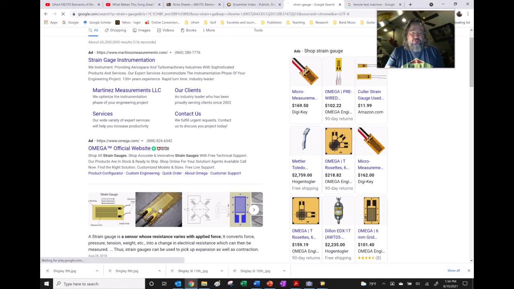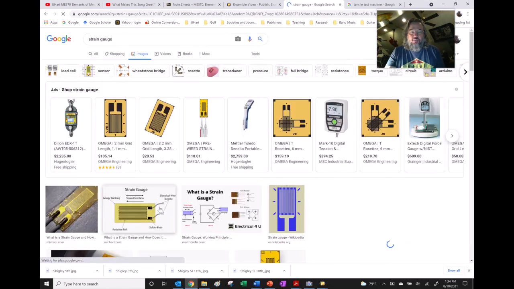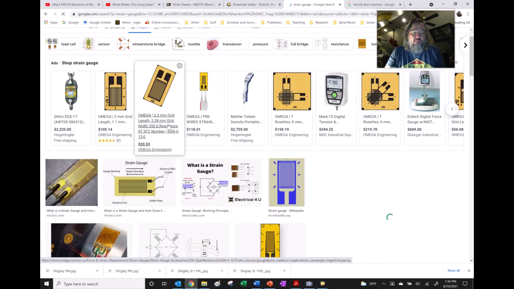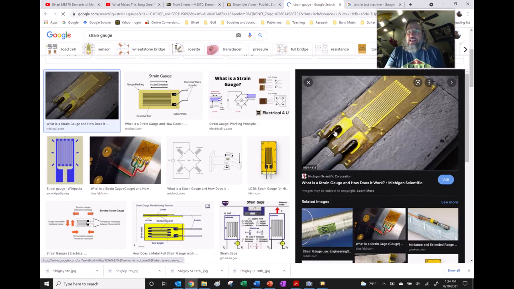There's another cartoon of it, and looking at these little cartoons, you can see they're like little wires. It's one single wire going back and forth and back and forth. They use adhesive. Sometimes they even weld these things, but they quite often use some type of epoxy.